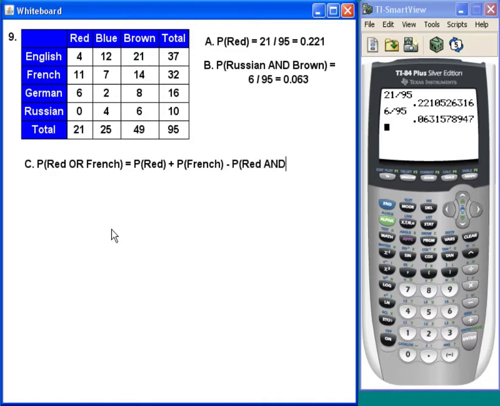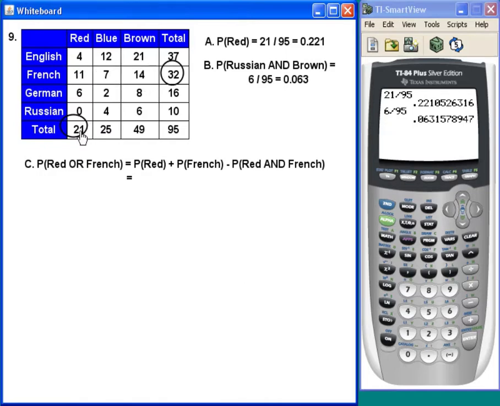So red and French. Now, the reason that we have to do it this way is because when we go to calculate the probability that the book has a red binding, there's 21 of those. The probability that the book is written by a French author, there's 32 of those. But in order to get 32, we add up 11 plus 7 plus 14.